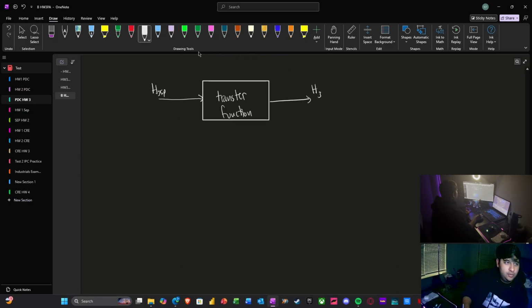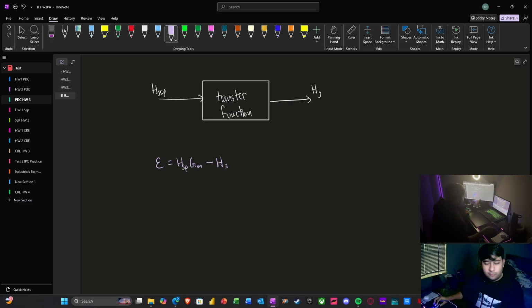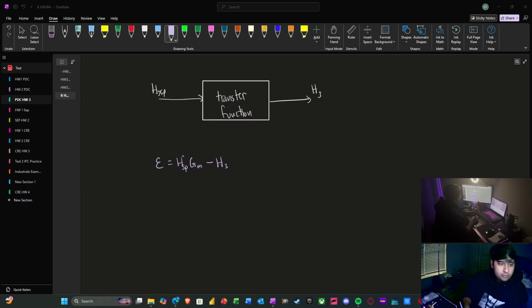That will cause us to rewrite this, so we'll have to redefine our error a little bit, which will be H3 times GM minus H3SP. Actually, I had it right the first time. This represents what our closed loop would look like.